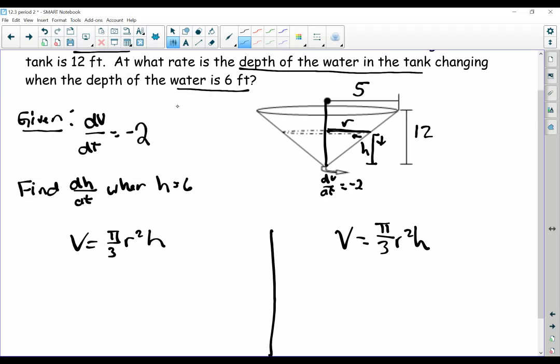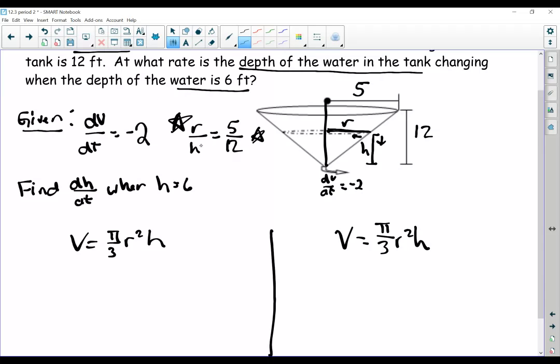Part of the given information here that they're always going to be looking for is the fact that the radius and height are always going to remain the same proportion. So the radius to height is always going to be 5 to 12. Okay, so this is implicit given information based off the scenario. Based on the fact that this is a cone, I know this proportion has to exist.